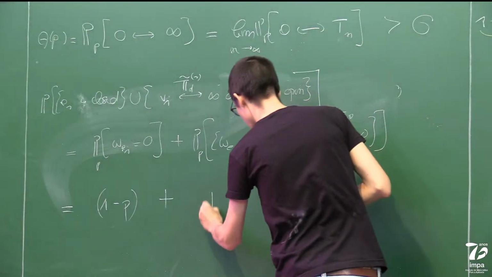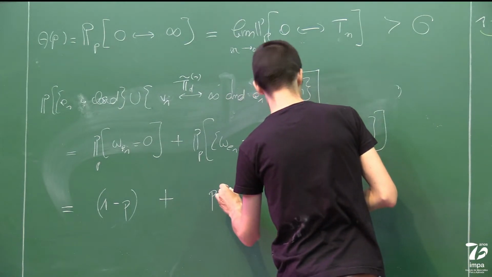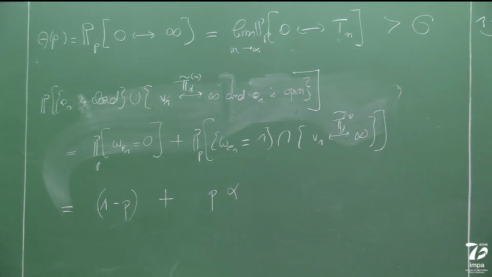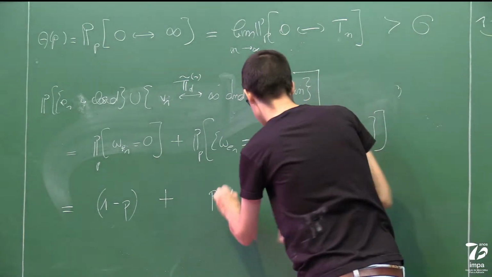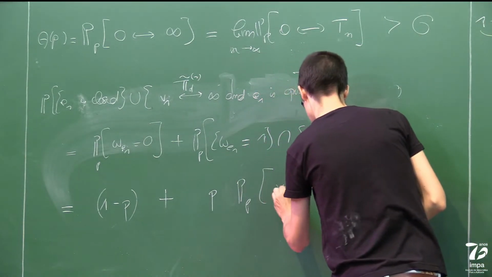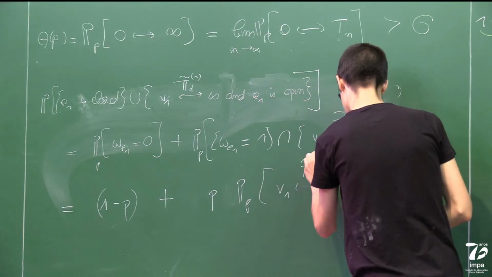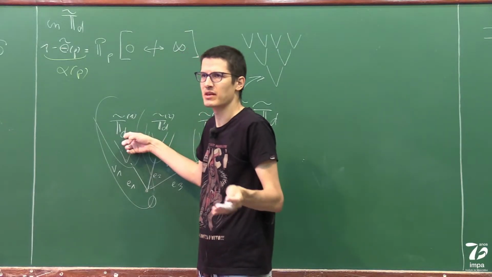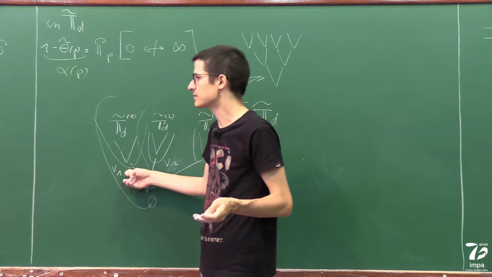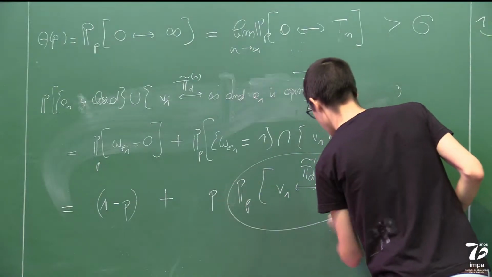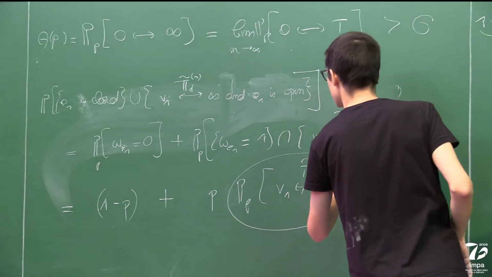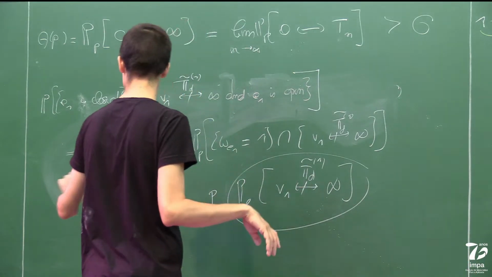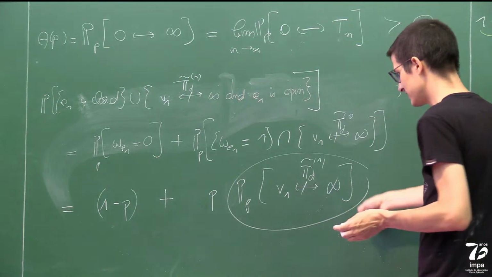This is p times the probability that V1 is not connected to infinity in T_1. But now this tree is exactly a copy of the original tree, V1 is its root, so this is by definition alpha.